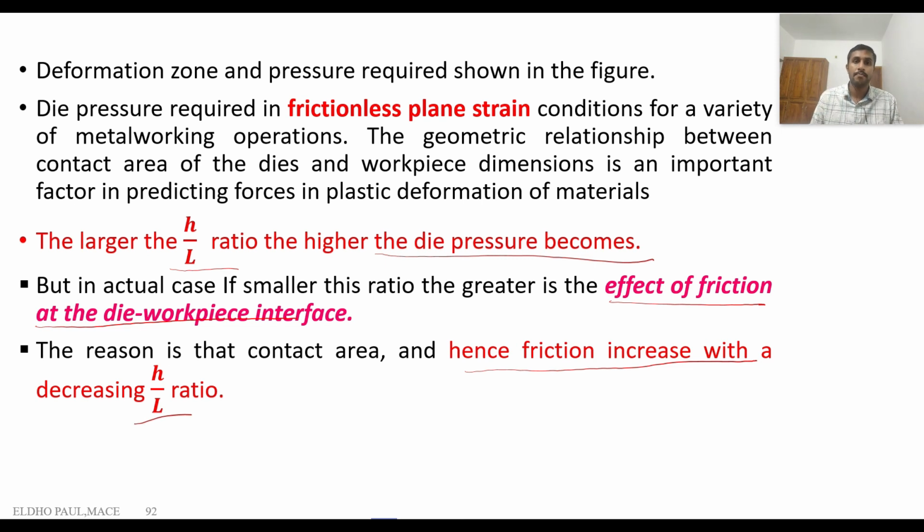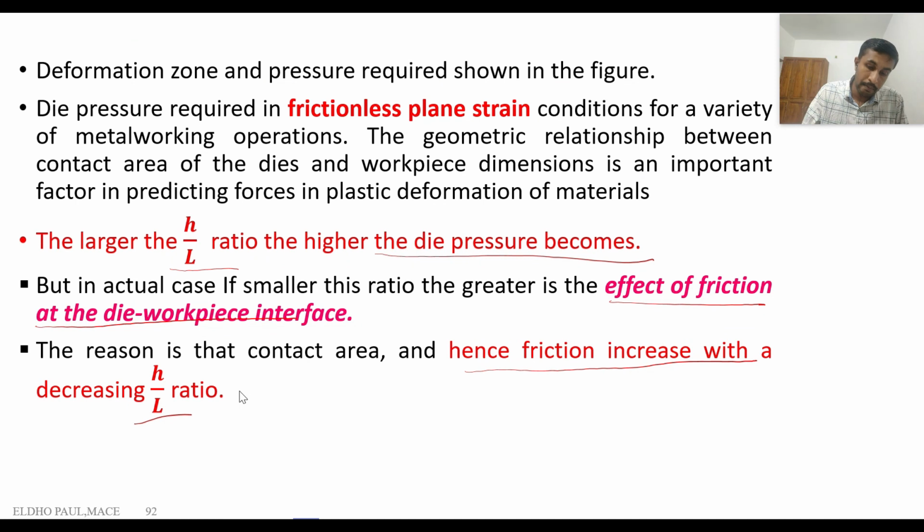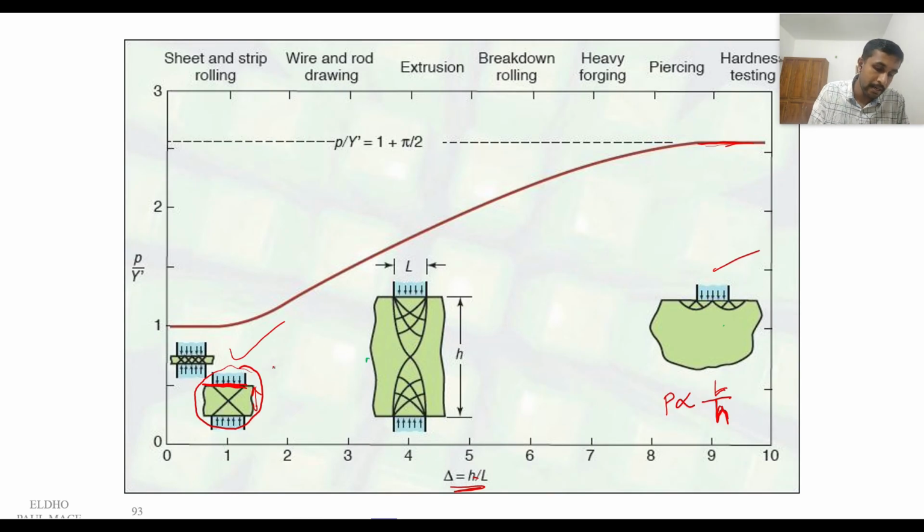Friction increases, so similarly the P value will also increase. Friction increases with decreasing S/L ratio. That means in this region we have high friction, and in this region we have low frictional force.